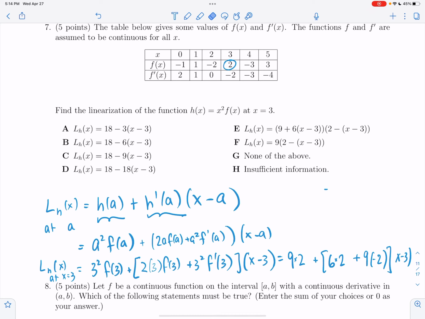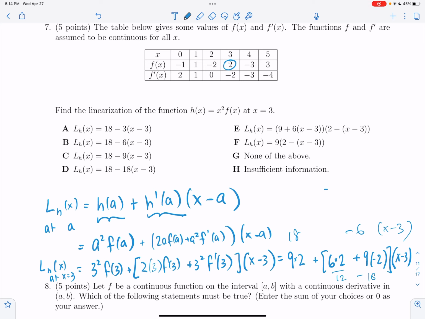Okay, sorry. So what is this going to be? That is 12 minus 18. This is minus 6. This is 18. And that's what the formula is.